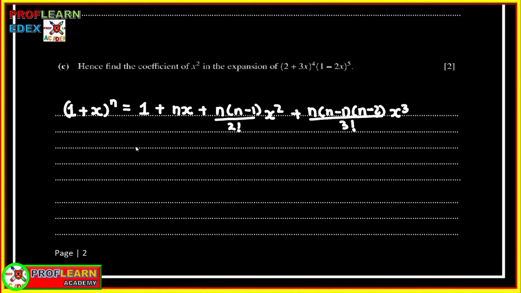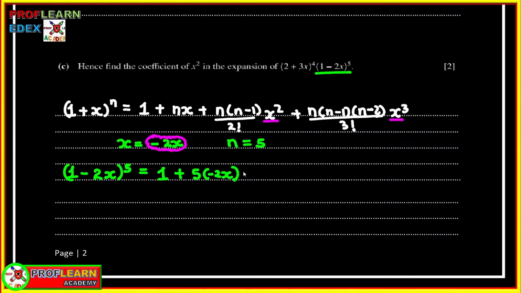Now let's see how you can use that formula in order to expand 1 minus 2x raised to power 5. In order to do this, we are going to identify what our x is. Our x is actually negative 2x. So this is the part we're going to substitute where we have this x here, and then our n is actually power 5. Then now if we start substituting into our formula there, this is going to reduce to that.